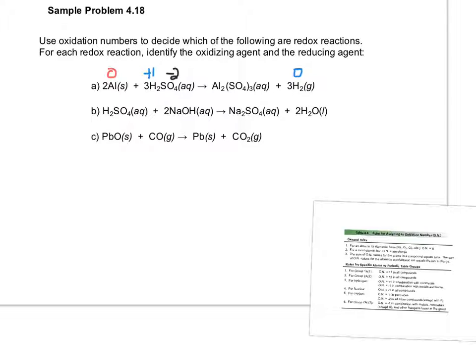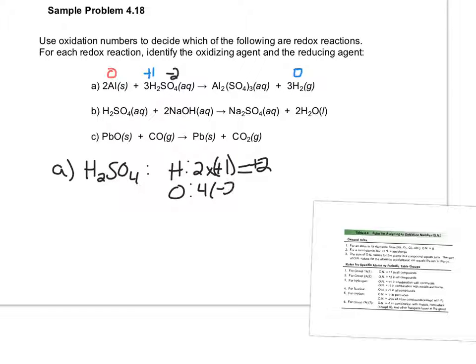Because if this is +1 and I have 2 of them, let me write that down here. And I'm on part A, see A for H2SO4. I'll put my colon there. Okay, so for hydrogen, I've got 2 times +1. So that's going to equal +2. For oxygen, I have 4 of those times -2.